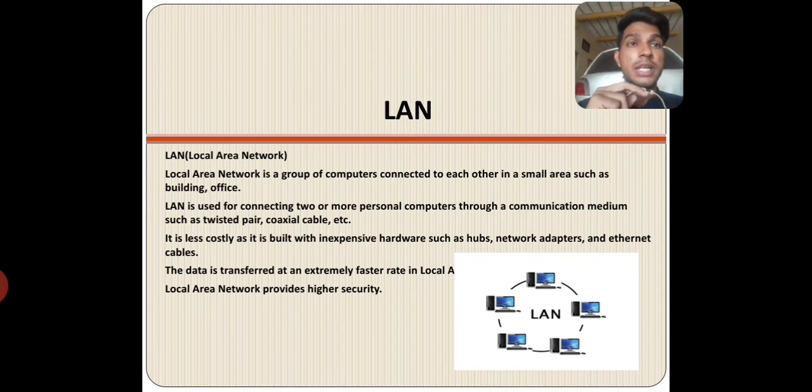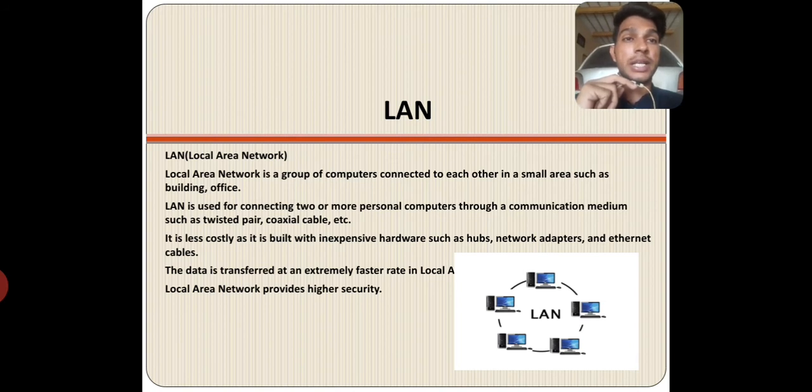So the first one, LAN. LAN stands for local area network. So what is local area network? Local area network is a group of computers connected to each other in a small area such as building, office.